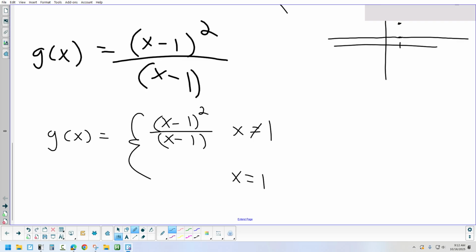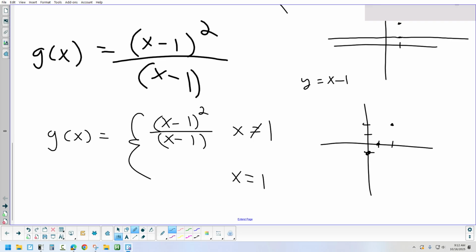Okay, so we kind of have to think about what this one would look like. y equals x minus 1. So you've got a y-intercept at negative 1. And what's your slope? Yeah, slope is 1. So right 1, up 1. And from there, go right 1.